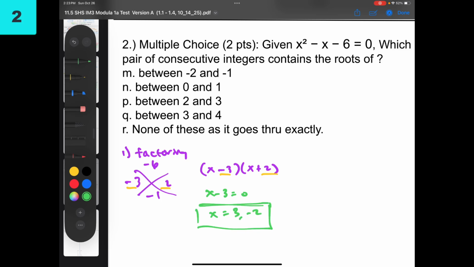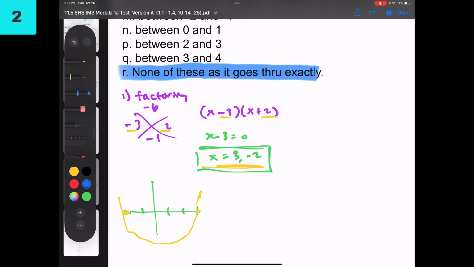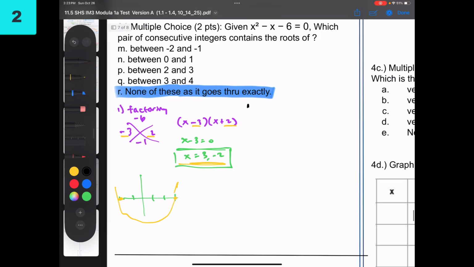And these are exact values. So if you drew a graph, these points are going through exactly the tick marks, like this. So the answer would be exactly that.